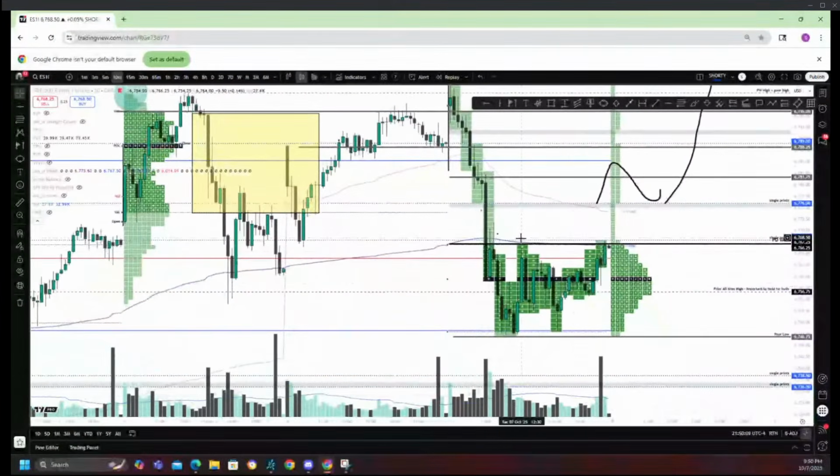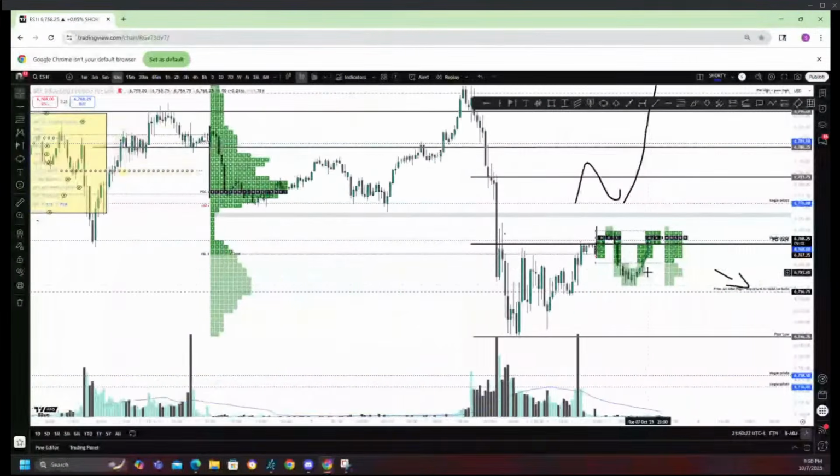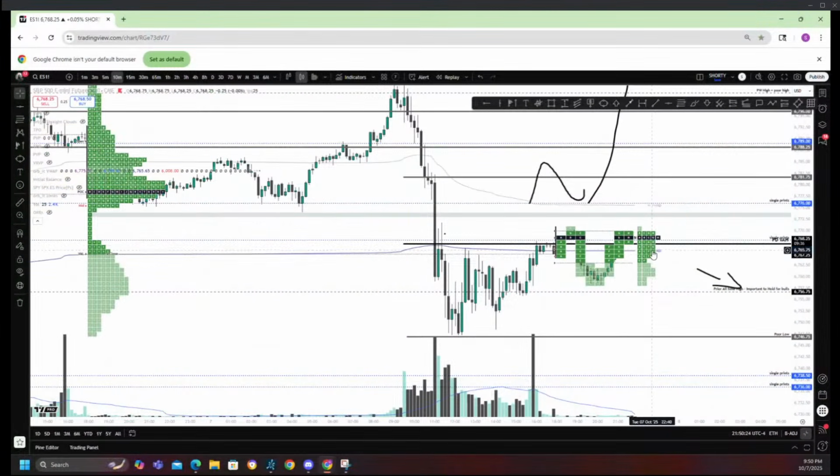Usually when this happens, if the overnight session eats up and we open here, typically they'll continue the run tomorrow. If tonight they don't eat up all these single prints and leave something here, and it seems like they're deciding, because it's a really awkward profile so far, it looks like a box.